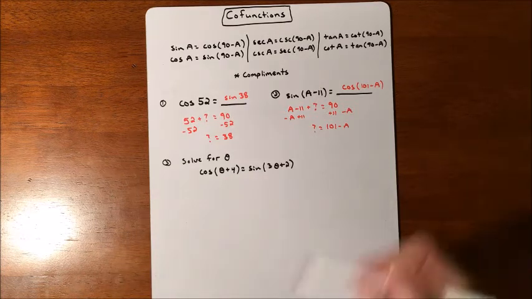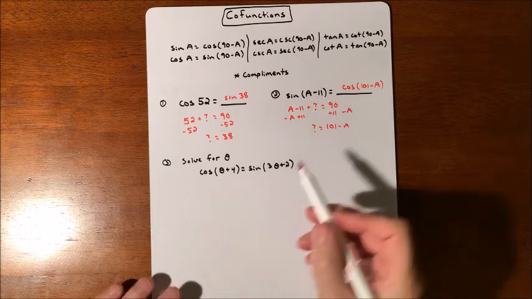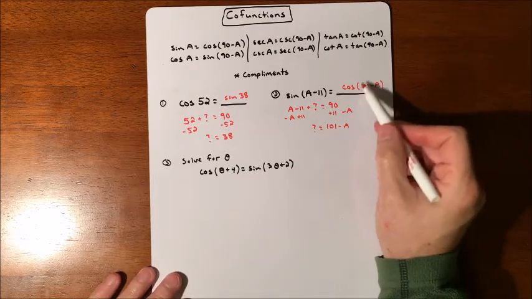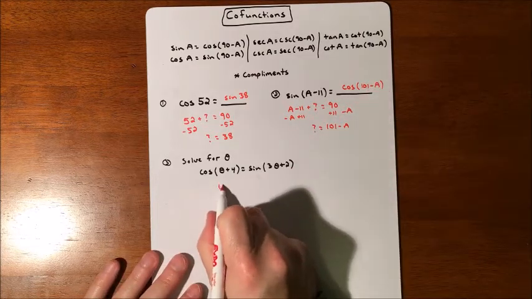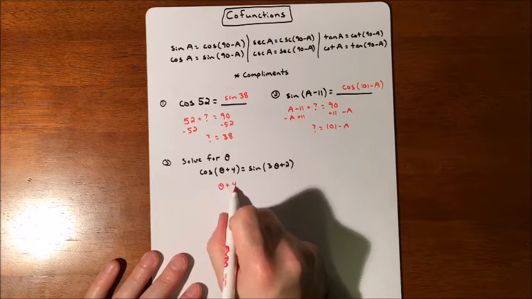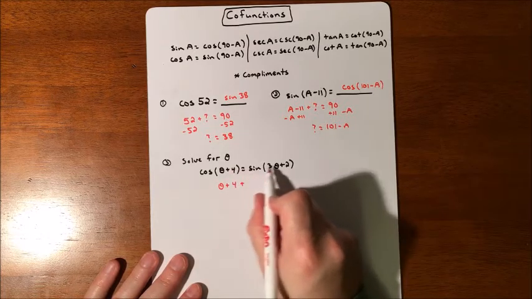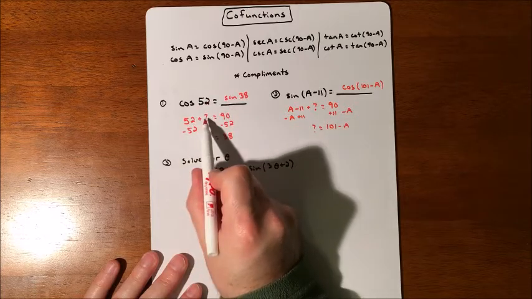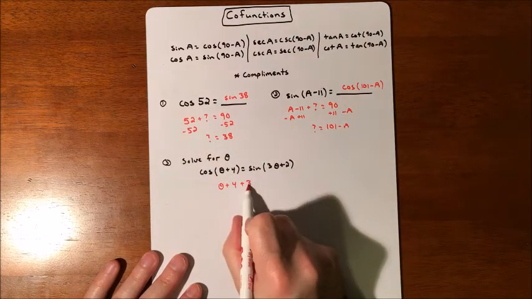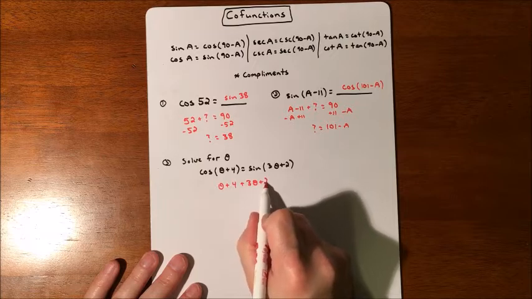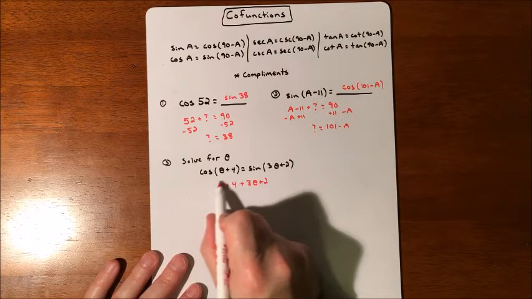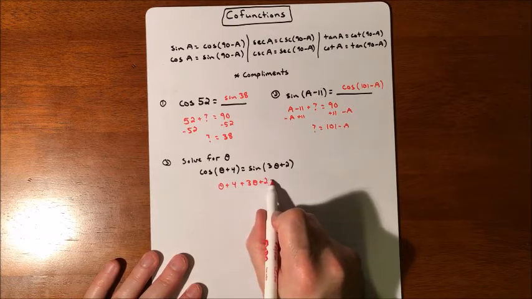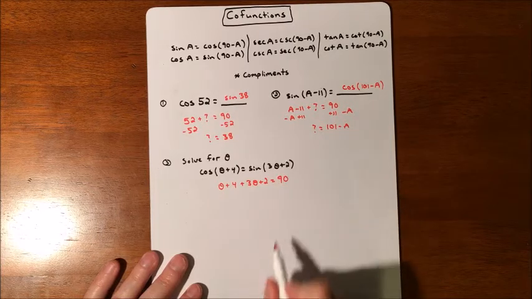So again, I treat it exactly the same as this one, but this time I don't have an unknown piece. So I can just say theta plus 4, this angle, plus this angle, 3 theta plus 2, should add up to 90.